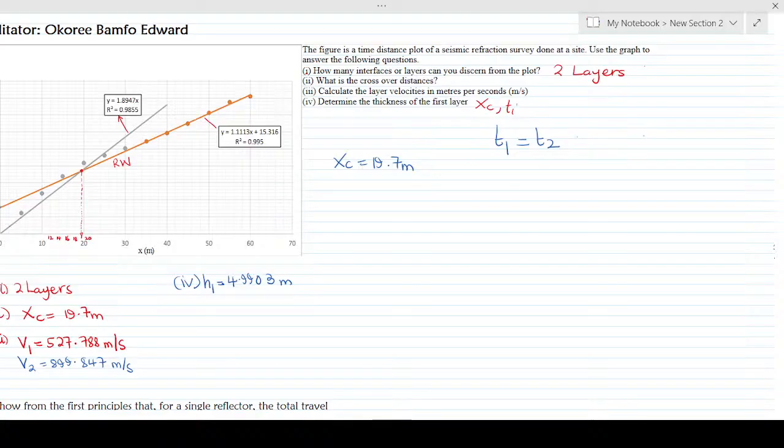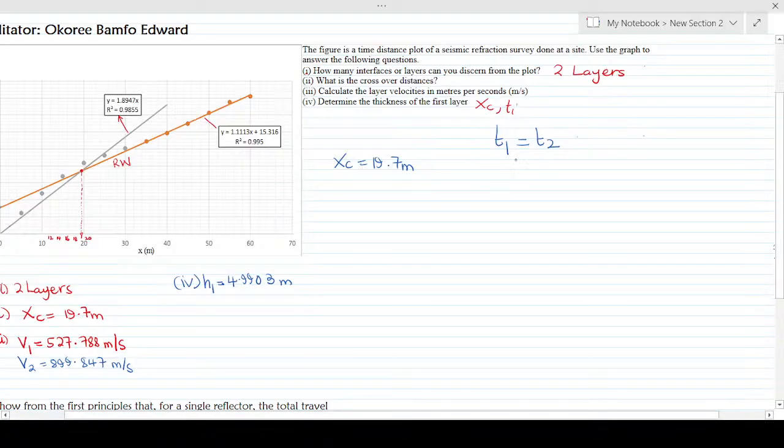You get it? From the graph, the direct wave got to the geophone earlier, then at the crossover they got there at the same time. After the crossover, the refracted wave gets to the geophone faster than the direct wave.